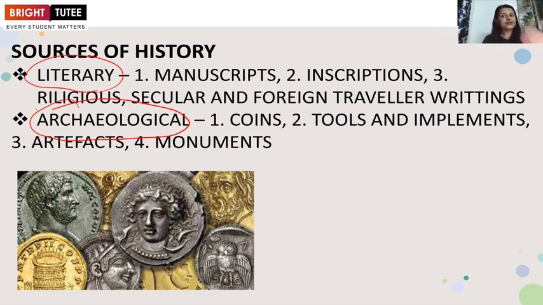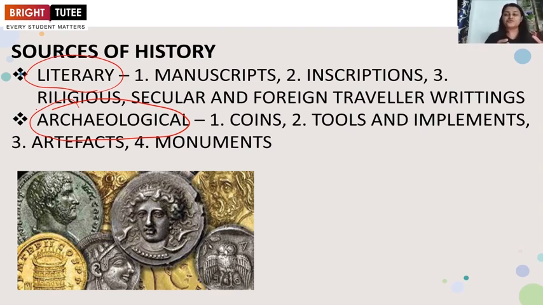So when we look into literary history, we see manuscripts. Manuscripts means earlier people used to write with natural colors on leaves or the bark of the birch tree. So they used to write over those thin layers with natural colors. And there were inscriptions.